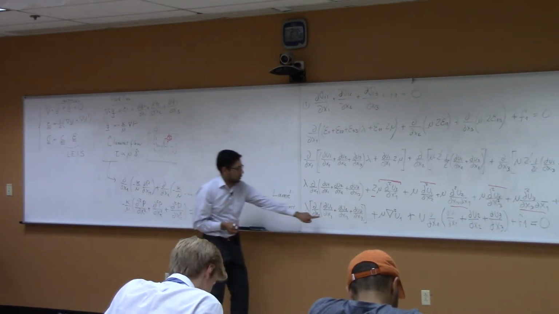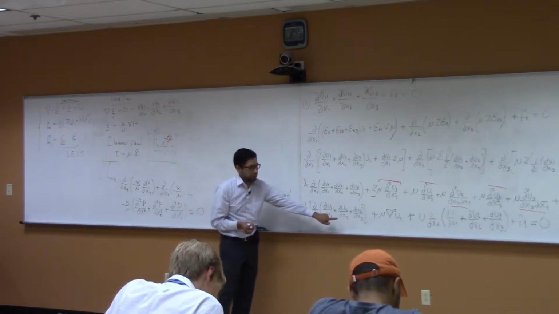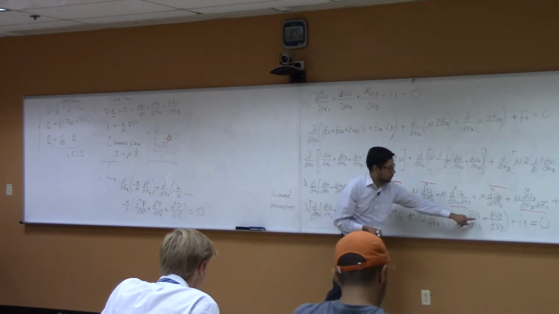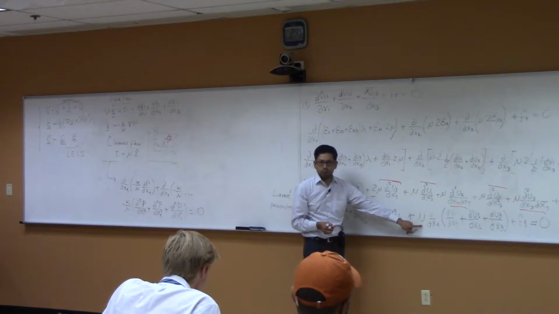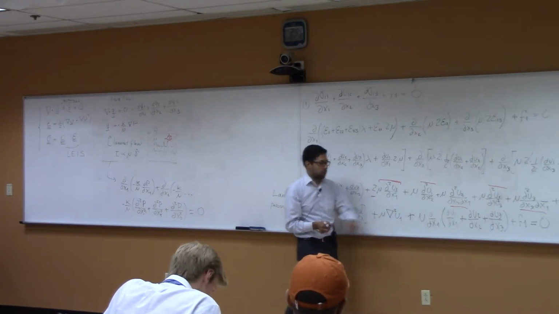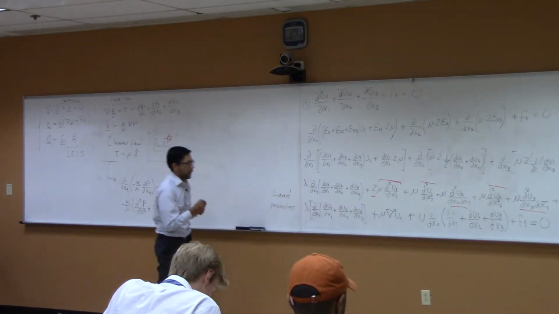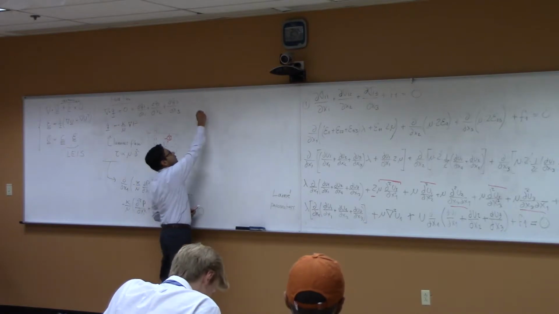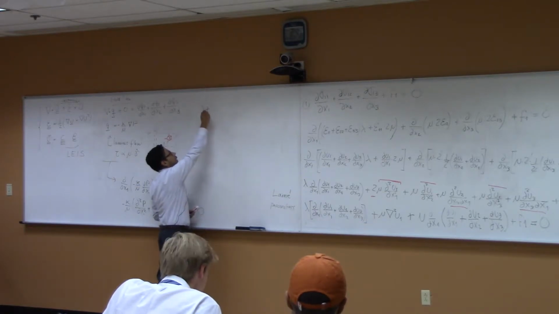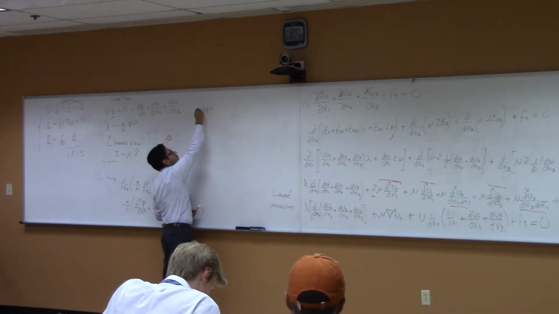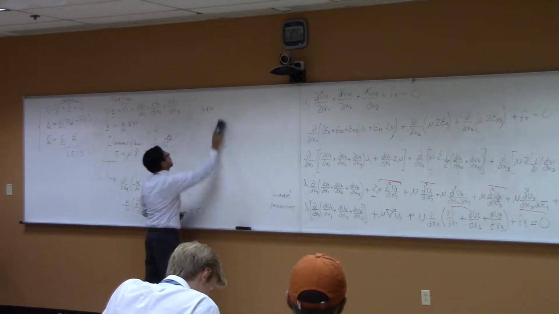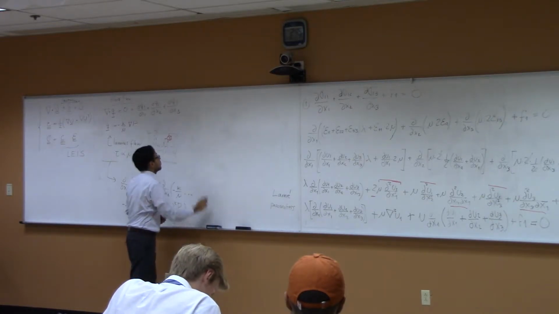So these two are divergence of displacement, right? Volumetric strain. And this is a variation with respect to x1. So that's going to be a gradient. So I can write those two terms as lambda plus mu. Let me write it a little bit closer to the left.